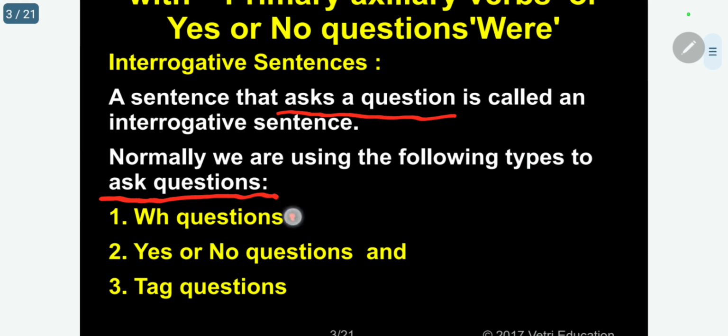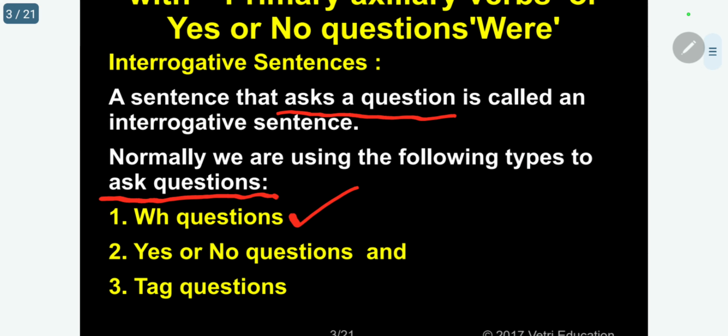Number 1, WH questions. Under this, nearly 9 to 11 WH questions are there. Number 2, yes or no questions. And number 3, tag questions. WH questions I have already discussed; kindly refer to my previous topics.